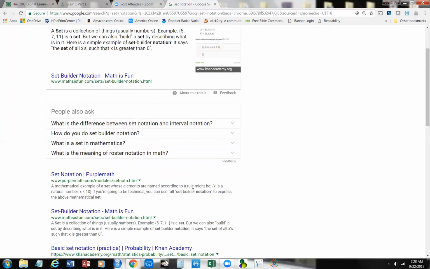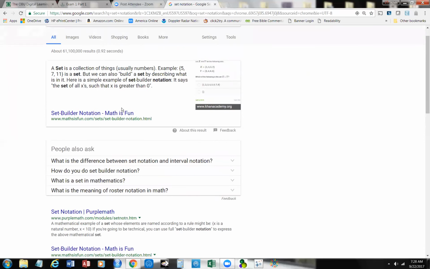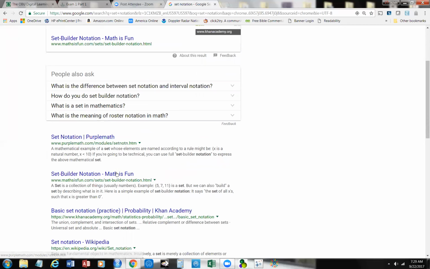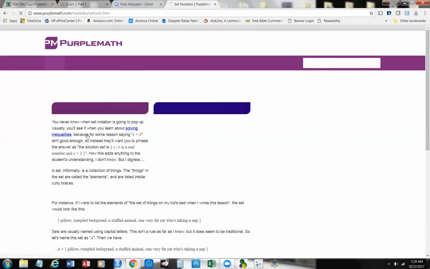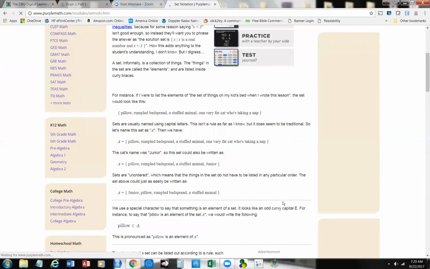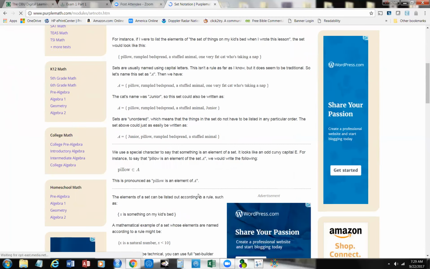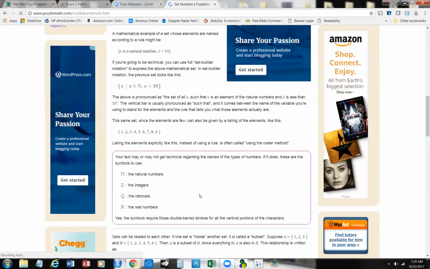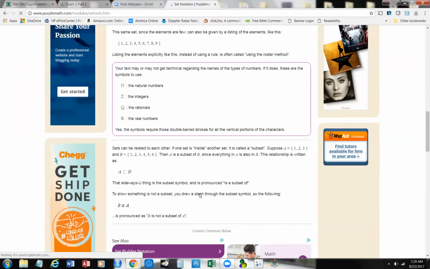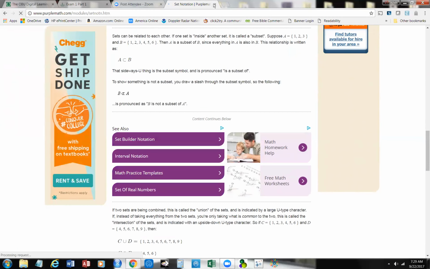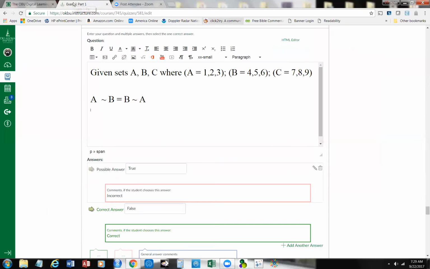Set notation, purple math, element of. Back over here. You want to go back and take a look at the set notation theory. I'm sorry about that. It's false.